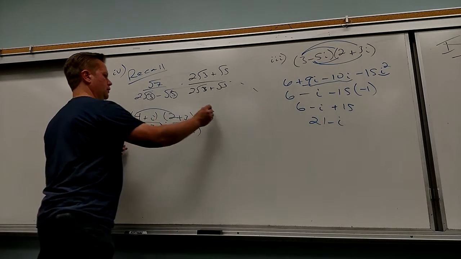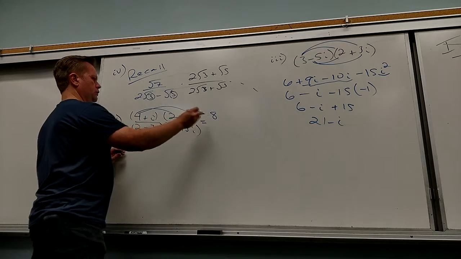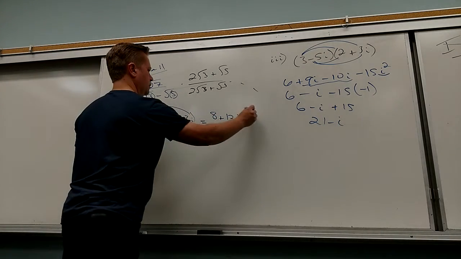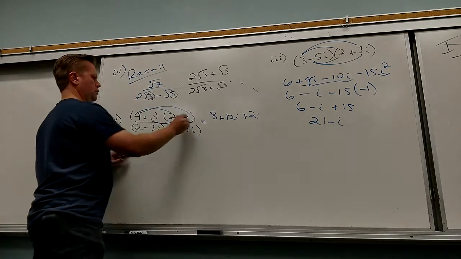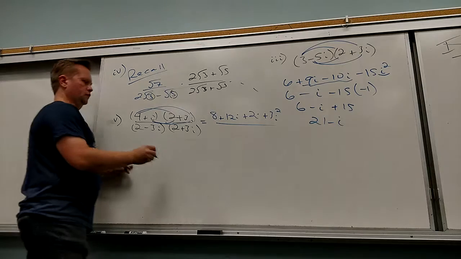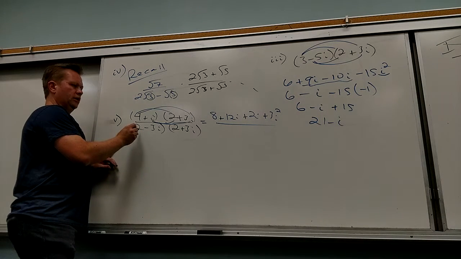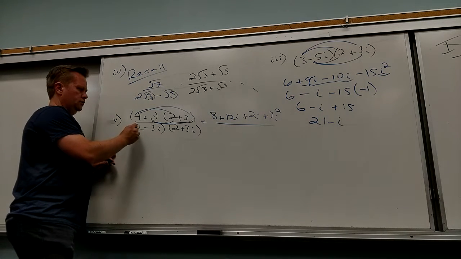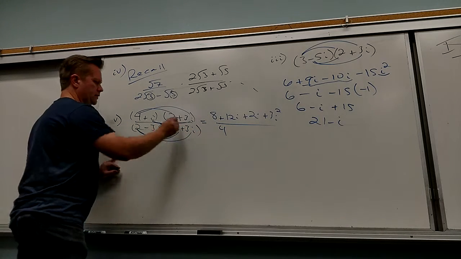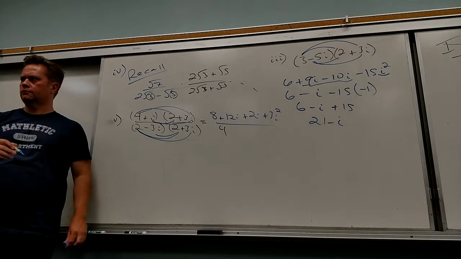Let's see how I get 8 plus 12i plus 2i plus 3i squared, all over 4 plus 6i minus 6i, so I'm not even going to write those.